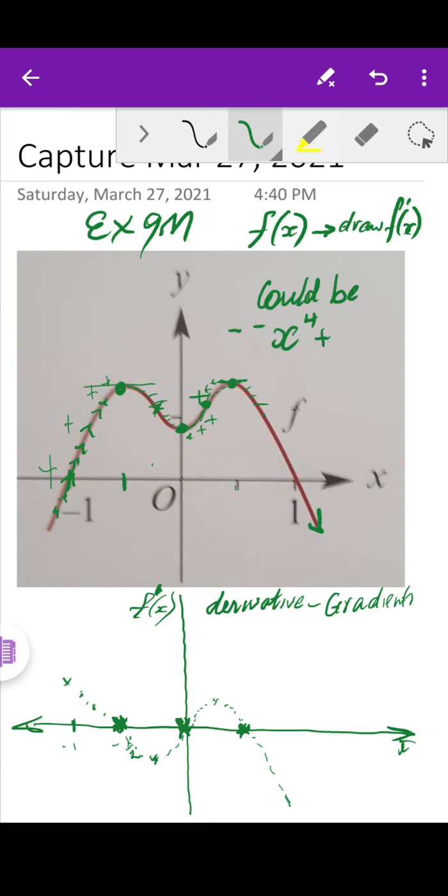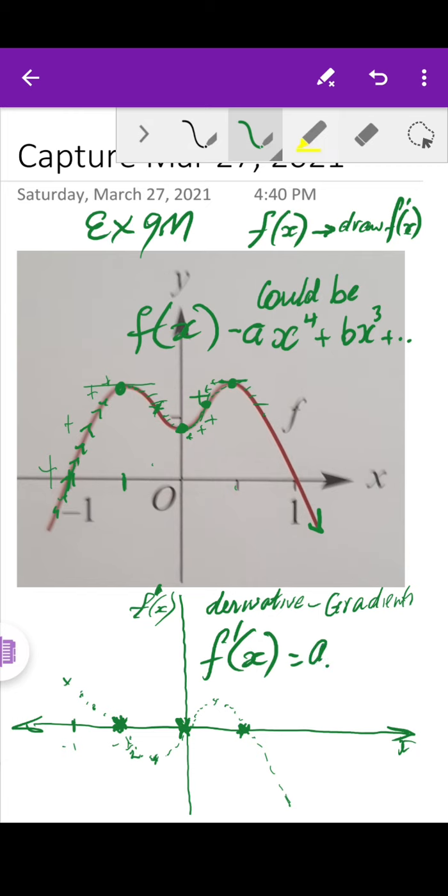So it's going to have some ax^4, bx cubed, etc. That's what that function could be. The derivative would be, if that's a power of 4, the derivative would be a cubic, so it's going to be some other coefficient of x cubed plus bx squared, etc.